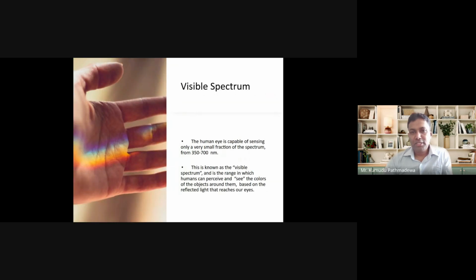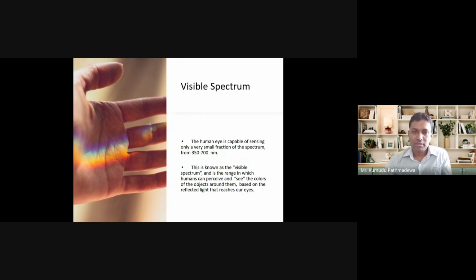When we talk about the visible spectrum, although the electromagnetic spectrum is vast, the human eye can only detect a small portion, from about 350 to 700 nanometers. And this is the visible spectrum. The colors we see, red, green, blue, are just a tiny portion of the available electromagnetic information.